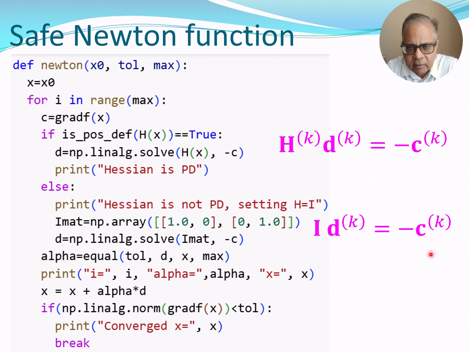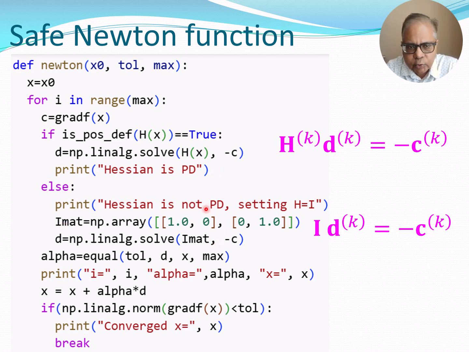So in fact we can think of the steepest descent method as a special case of the Newton method when H equals I. And so here I have coded in the I matrix here. Remember I is going to be 1 0 0 1, and then I use the same solver to solve for I mat and -c. So I have replaced H of x by I mat, which is the identity matrix here.